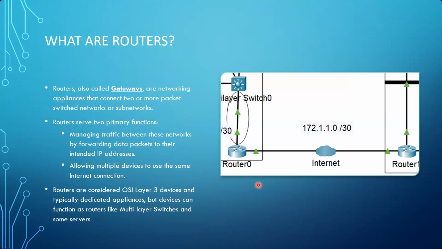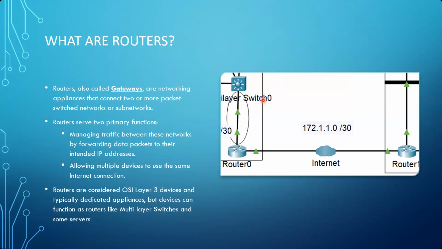Now, some multi-layer switches can also function as routers. So be aware, there are some special switches out there known as multi-layer switches, and there are even some servers that can fit in this role, but mostly multi-layer switches can serve as routers. Why does that even exist? Why is that a thing? Well, here's why. Not every organization is a big million or billion-dollar corporation.